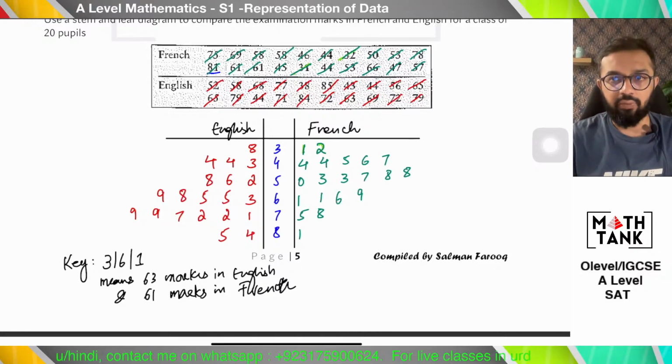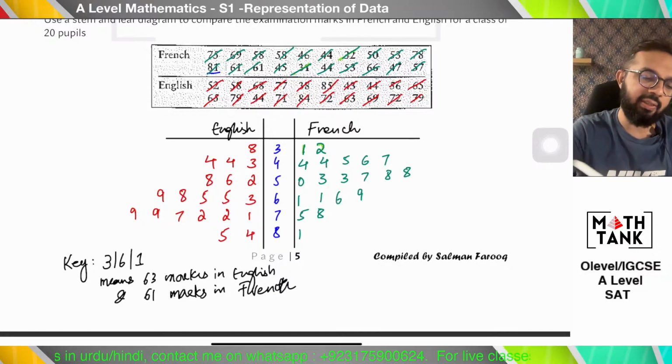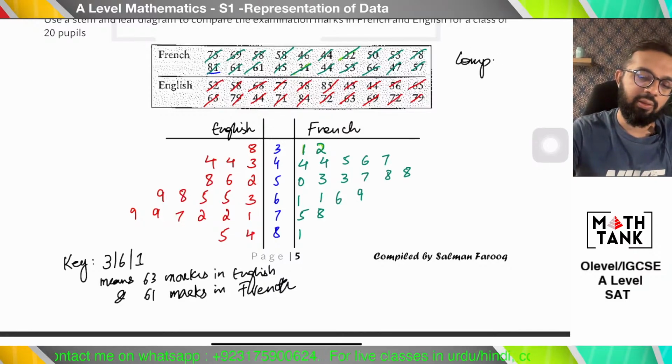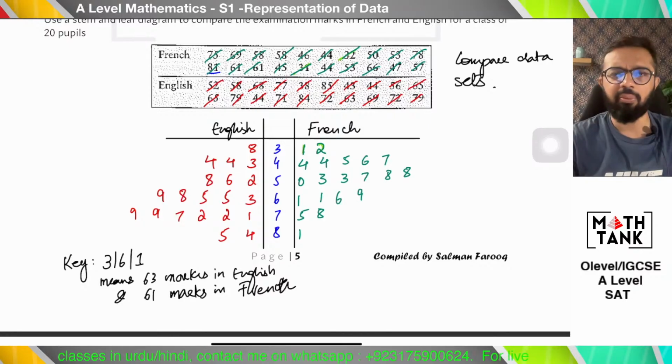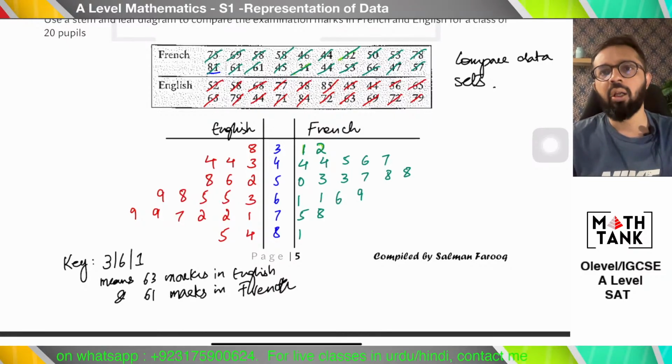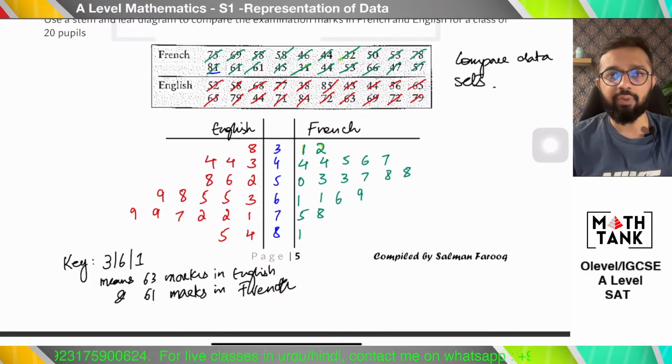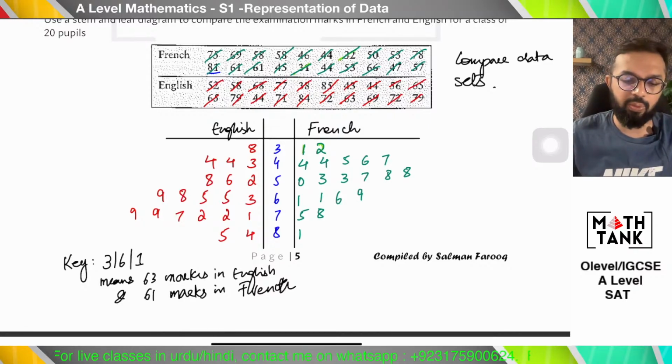What is the advantage of a back-to-back stem plot? The advantage is very simple: it allows you to compare data sets. For example, I am a teacher who teaches both French and English. I have the same students in both classes, and I've taken an exam right now, and I'm comparing the performance of the class in both English and French.